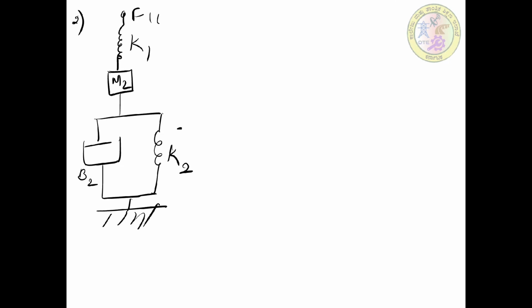Some force f of t is applied, and because of that the mass m2 is getting displaced by x2 of t, and at this node we have the displacement x1 of t. This is the given mechanical system, with k1, k2, b2, m2, and two displacements, x1 of t and x2 of t.